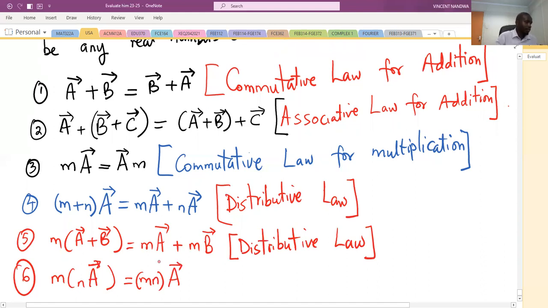That's the associative property for multiplication, or law for multiplication.